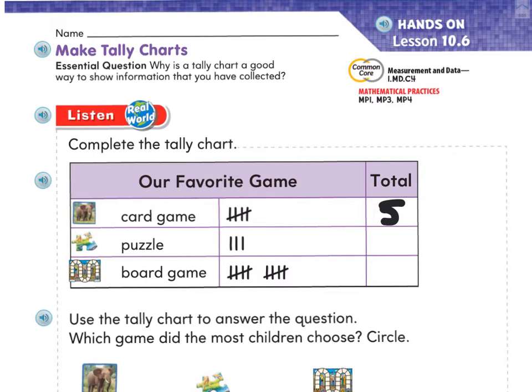And then when I count down here for puzzle, I count 1, 2, 3, and then I can write 3. And then with the board game, I get to count by 5s. 5, 10, and then I can write 10. There we go.